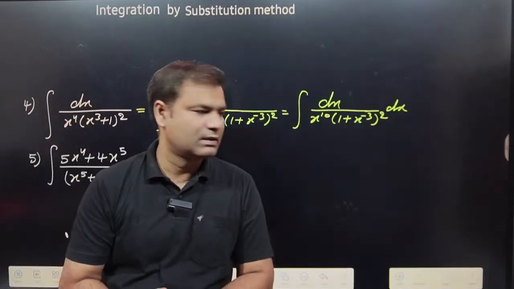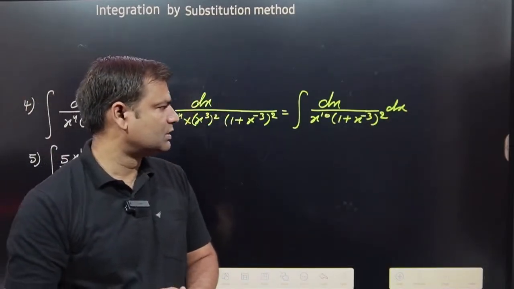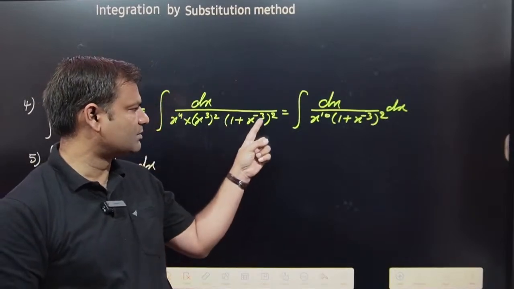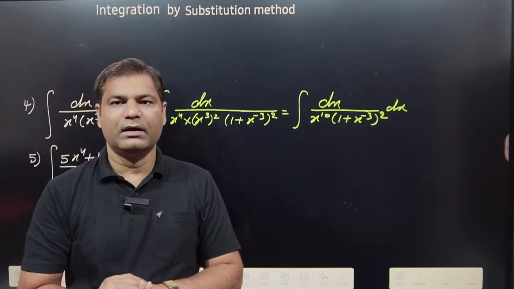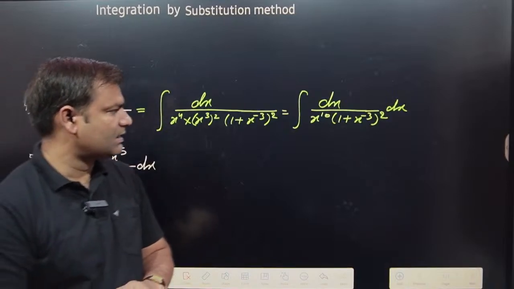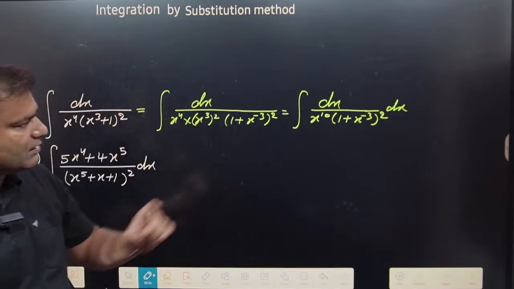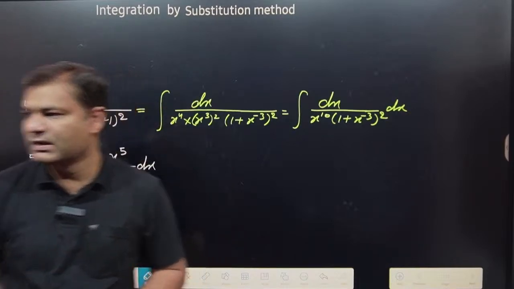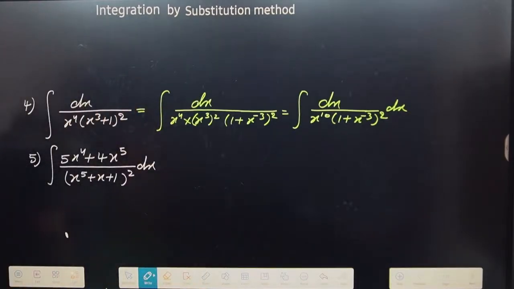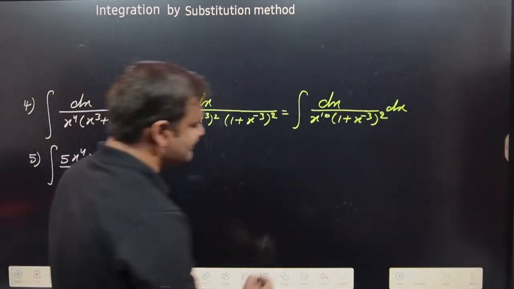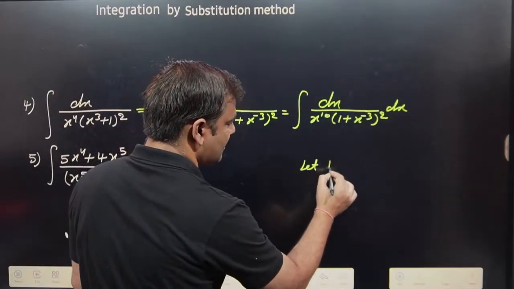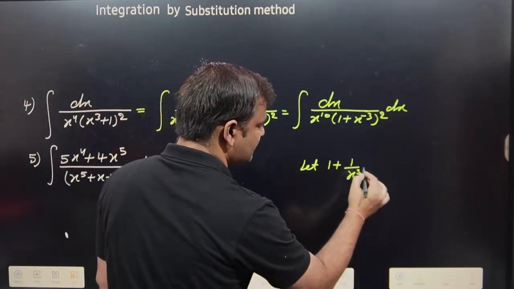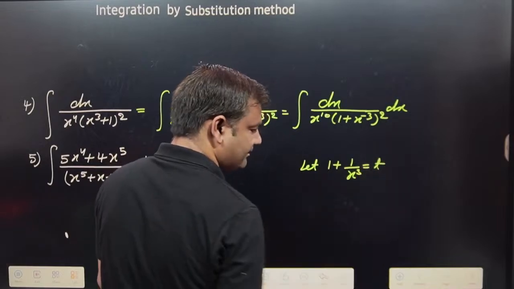Okay. Now here, (1 plus x to power minus 3) to the whole square. How can we solve this type of problem? Simply, let 1 plus x to power minus 3 be equal to t.